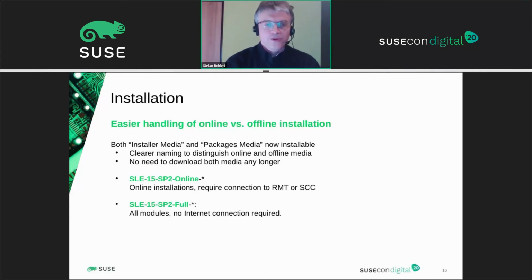And we have the full media that contains all the packages and modules that are available. With both medias, you can do an installation of the various products. With the online media, you need to have a connection to either the SCC or an RMT or SMT in your network. With the full media, you can do a completely offline installation. No internet connection is required.